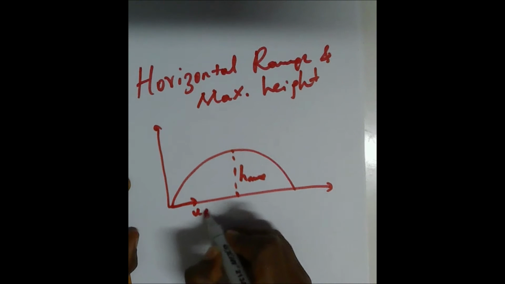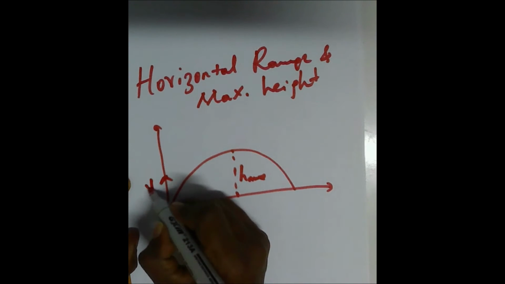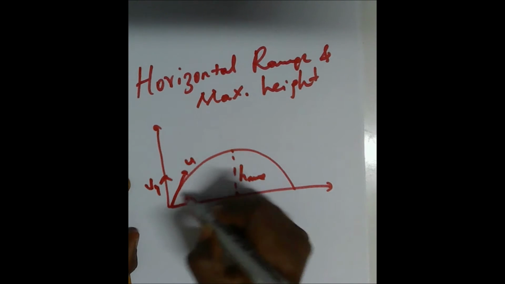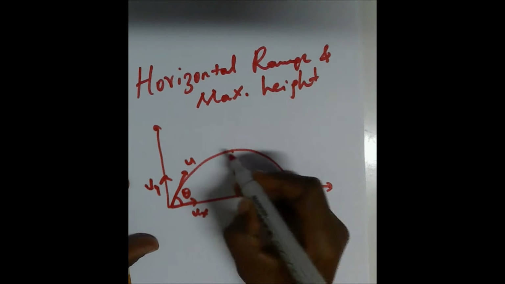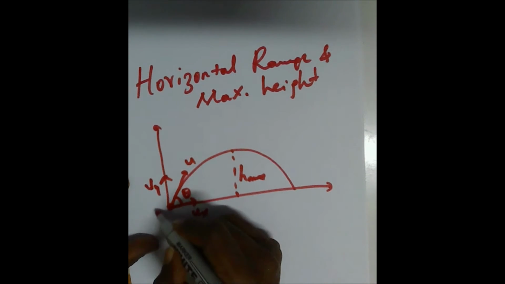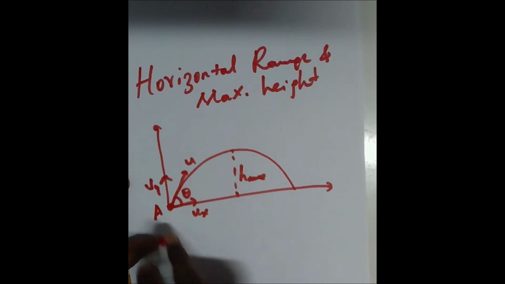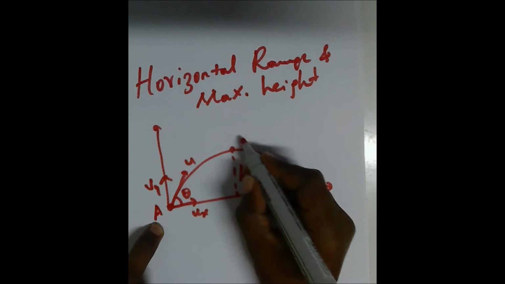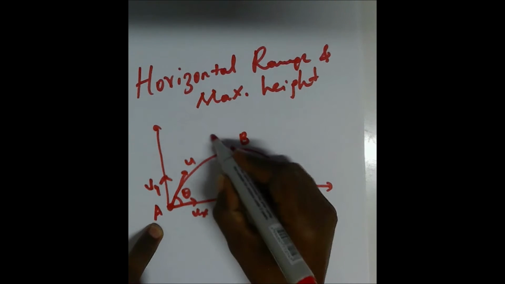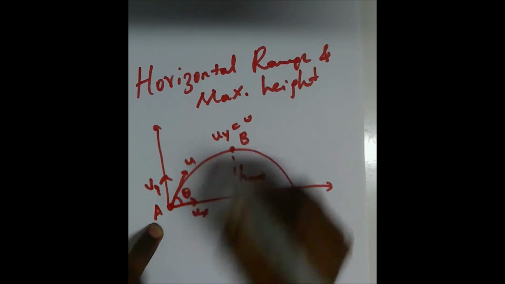We have ux and the vertical uy, the u value and an angle theta. So we have to consider two things. Let's say this is point A, the point where the projection starts, and this is point B, where uy is equal to 0.